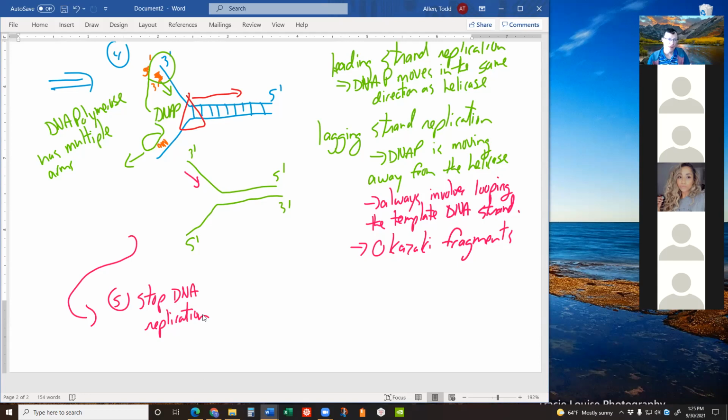So this whole process got started with a DNA word called the origin of replication, and stopping it is going to have a different DNA word, which is called the termination sequence. It's here that you're going to have the magician's rings.